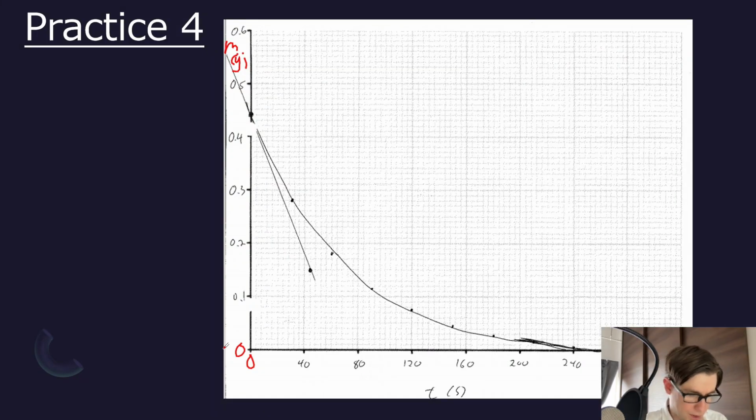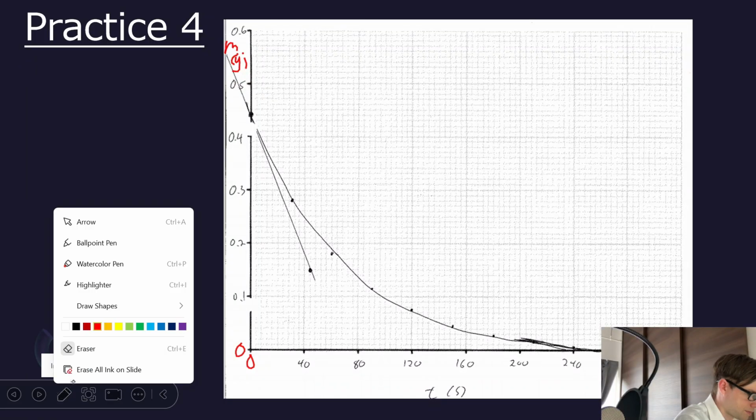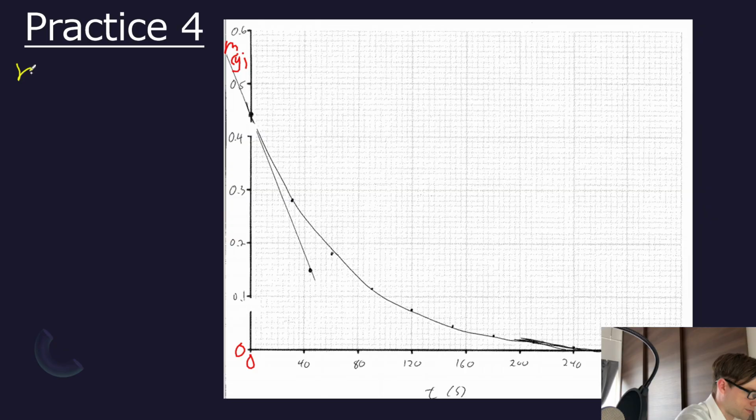Okay, so how to get that initial rate from this tangent line. And this is with respect to something. I'll talk about that in a second, but let's just do this from this graph. So initial, we need 2 points on this tangent line.